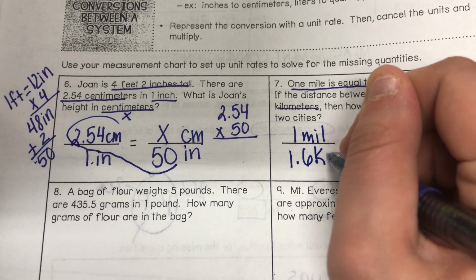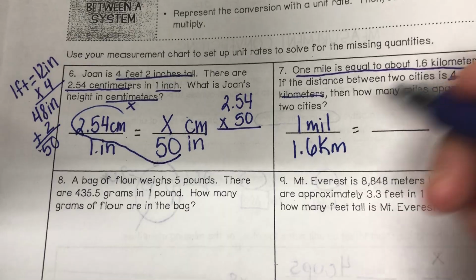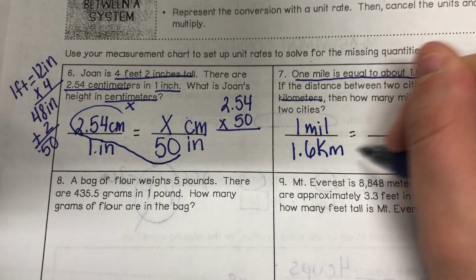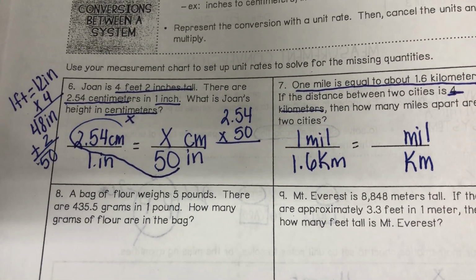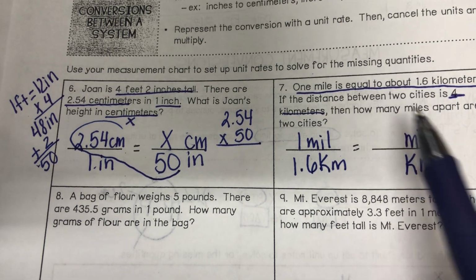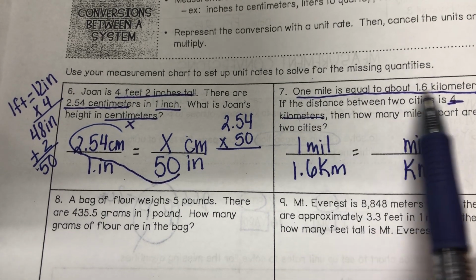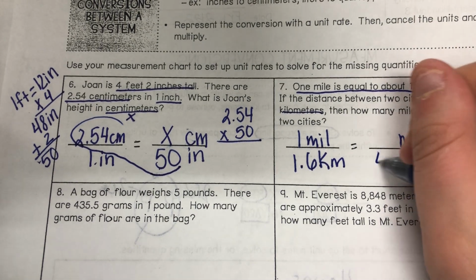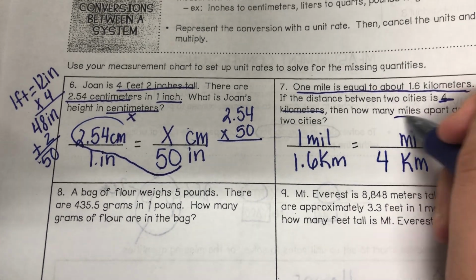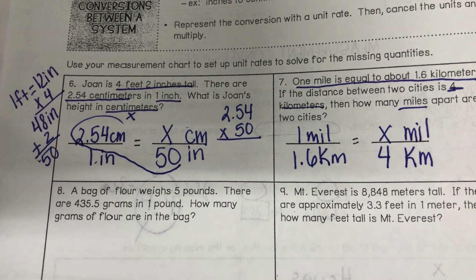Well, I know it's going to be miles equals miles, kilometers equals kilometers. Okay, so then let's look. If the distance between 2 cities is 4 kilometers, I know the 4 is going to go on the bottom. And how many miles is your x? So that's going to go on top.